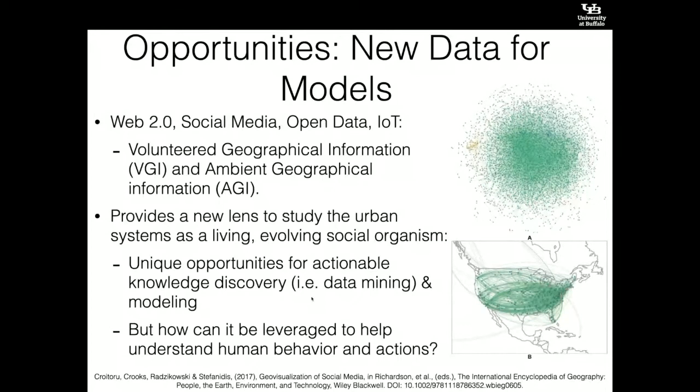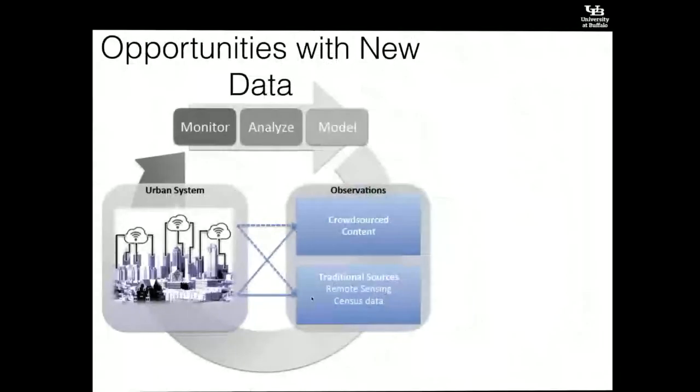And if we can mine this data, especially with data mining techniques, we can get new knowledge about the systems that we understand. The big question that we've been exploring here is how we can leverage this to better understand how people might perceive the world around them or make decisions, and therefore potentially inform actions.